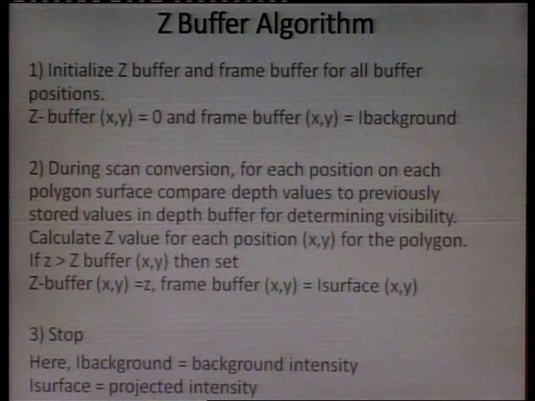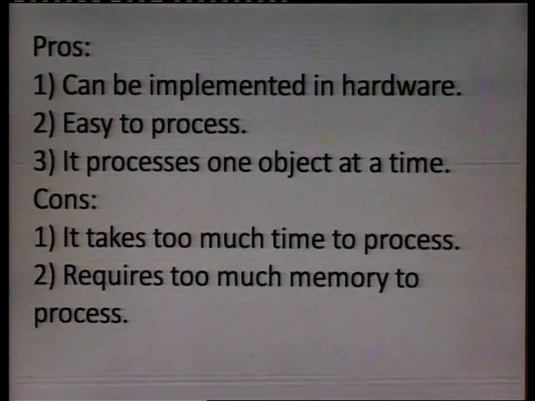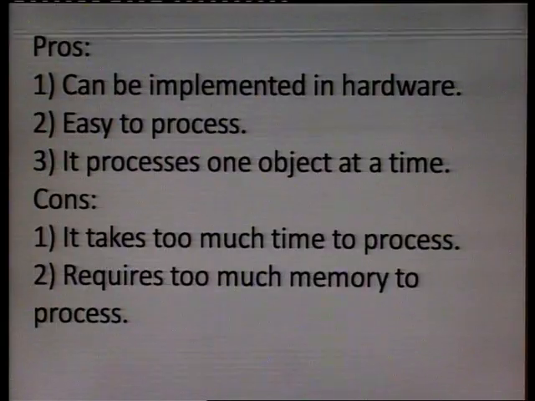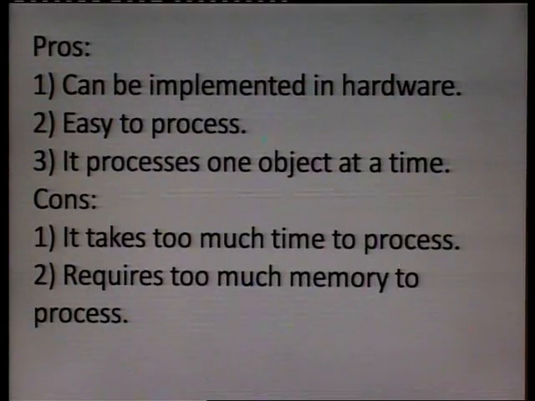So, some are the positive points, some are the negative points. Some advantages of the Z buffer algorithm, the pros: it can be implemented in hardware. Z buffer is easily implemented on the hardware. It is easy to process and very easy to apply; everybody can apply the Z buffer algorithm.